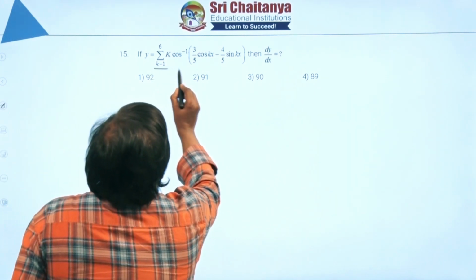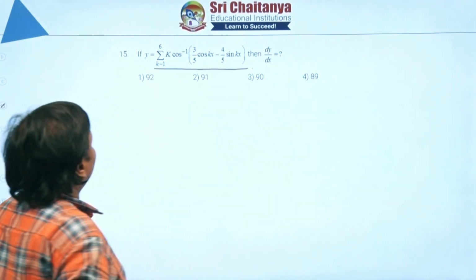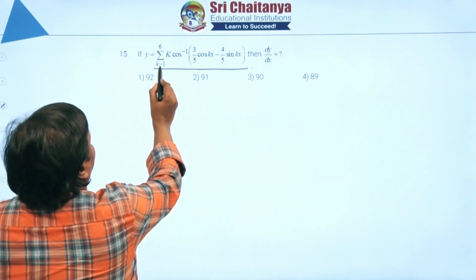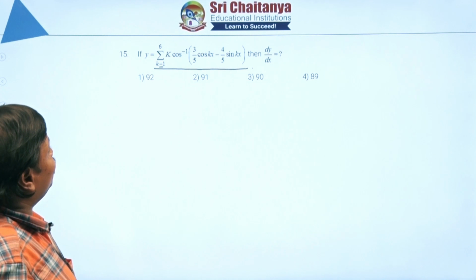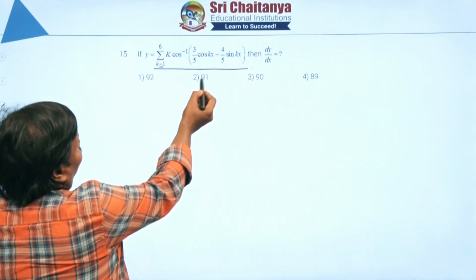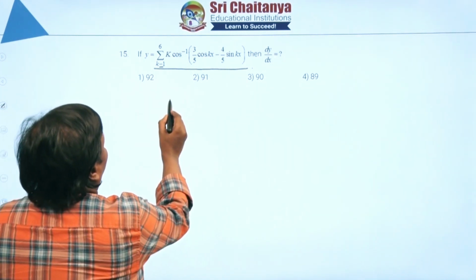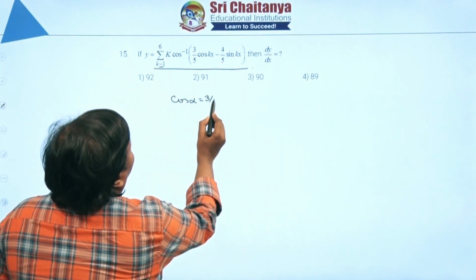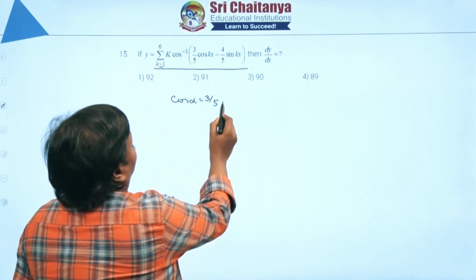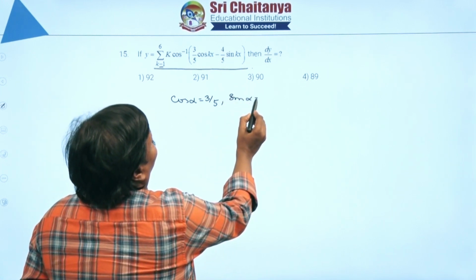So here y equals sigma k equals 1 to 6 of k cos inverse of 3 by 5 cos kx minus 4 by 5 sin kx. So I assume cos alpha is 3 by 5 and sin alpha is 4 by 5.